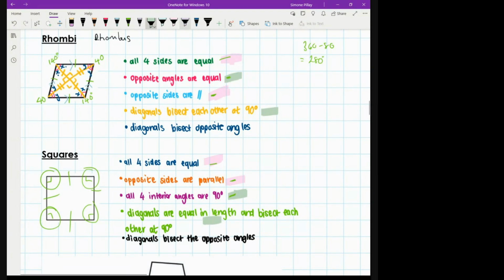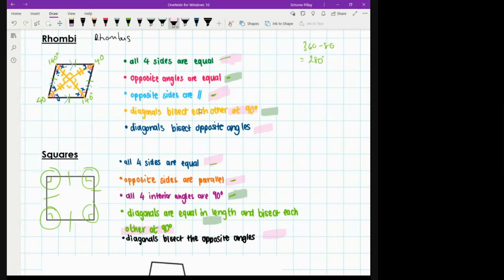But in both my rhombus and my square, the diagonals bisect each other at 90 degrees. And again, a similarity. Diagonals bisect opposite angles.